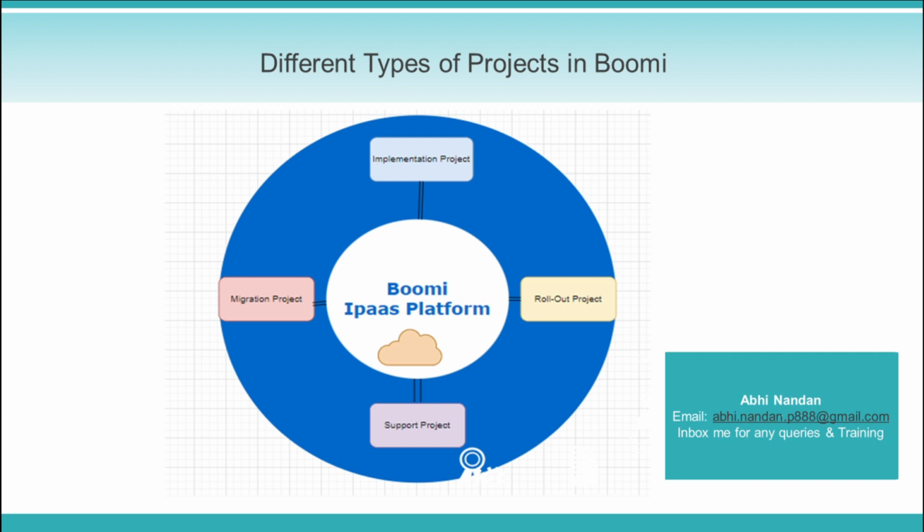In a few other projects they might not have a BA in between, where you will be communicating directly with the client and gathering the requirements. When I say gathering the requirements, you will be taking functional inputs from the business, and accordingly you will design your technical solution.